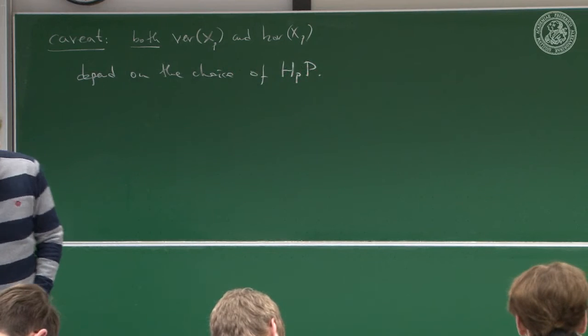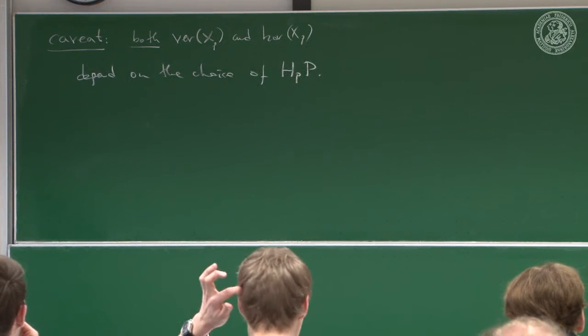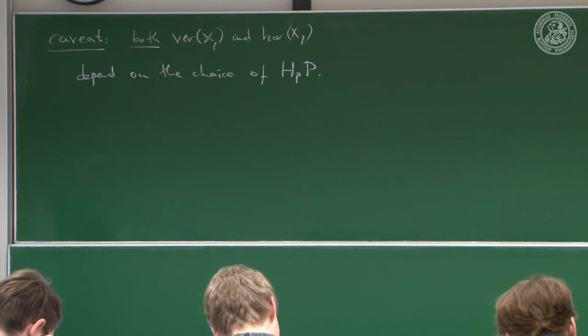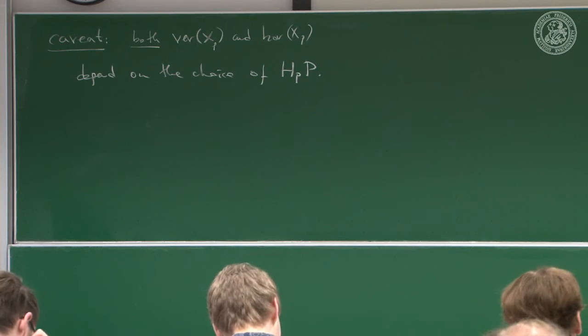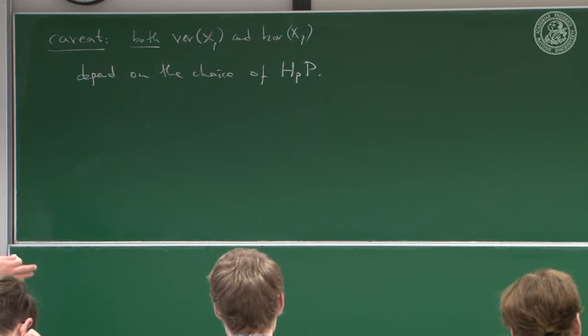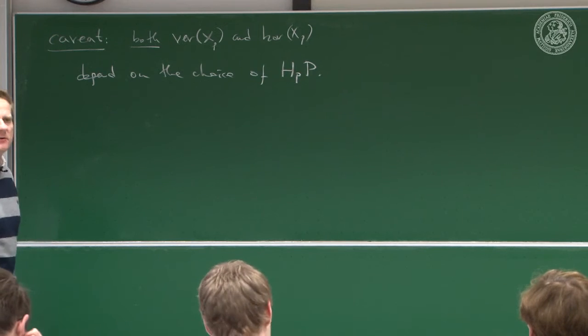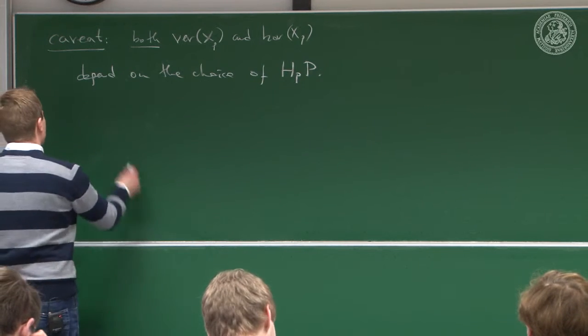So maybe by terminology one might be misled to think that maybe the vertical part is independent of this choice, but the horizontal part depends on it. Or maybe the other way around, maybe the horizontal part doesn't, but the vertical does. No, both this vertical and the horizontal part depend on this choice.